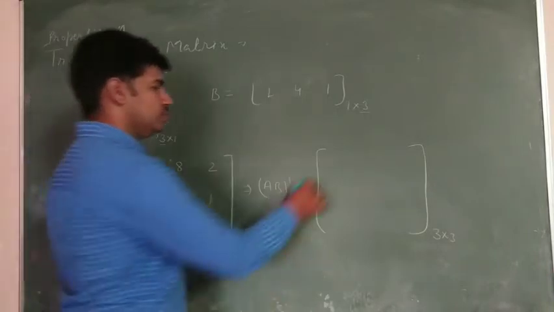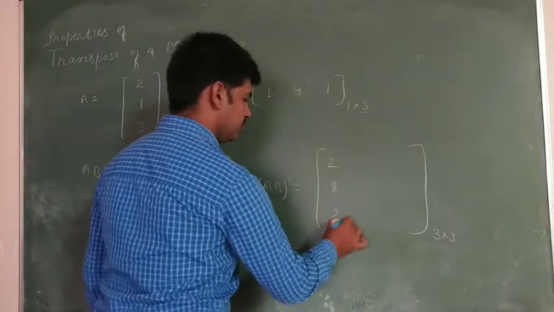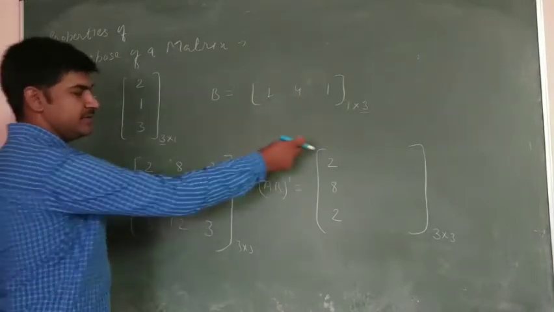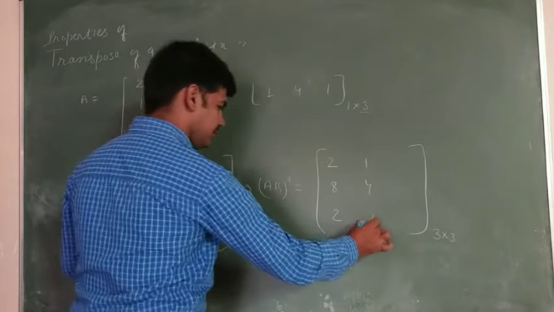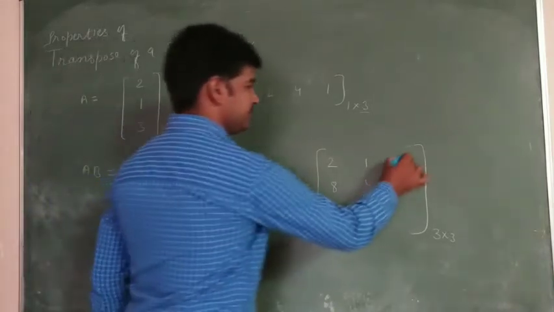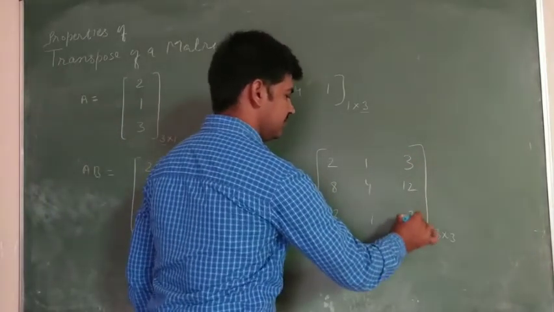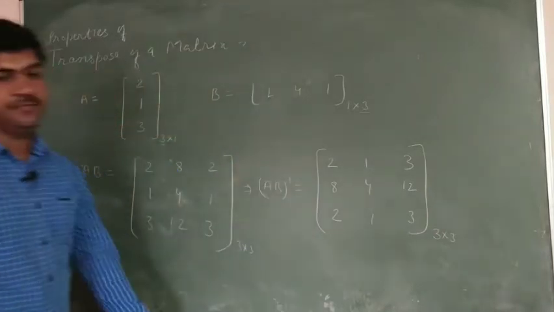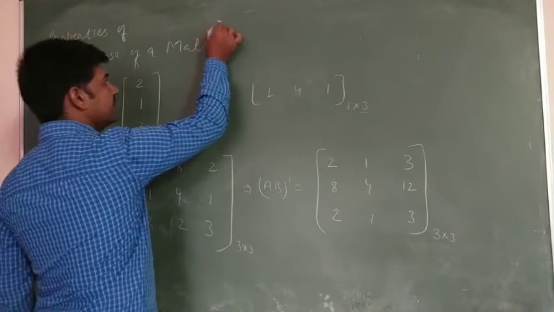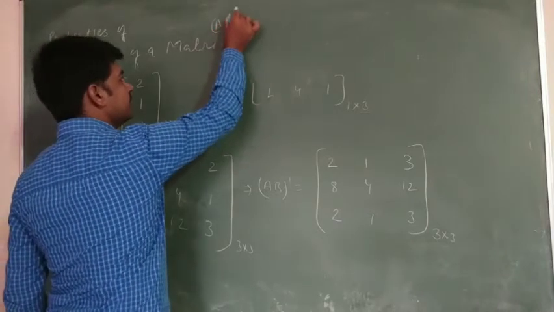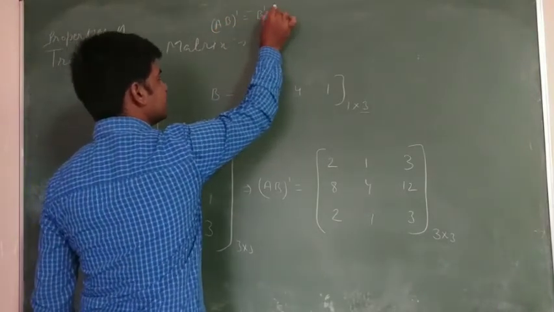The first row of AB, 2 8 2, becomes the first column, then 1 4 1, and then 3 12 3. This is the transpose of AB. So we have found the simplest form of the LHS of that particular property. The property was AB dash is equal to B dash times A dash.